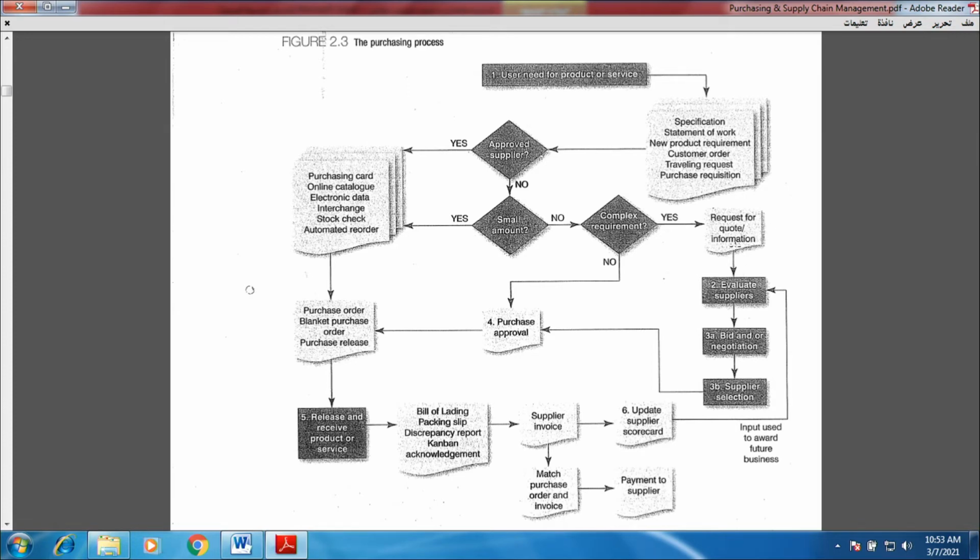Here, when we receive envelopes that have the proposals, technical proposals and financial offers from the suppliers, we have them evaluated by our committees. We evaluate the offers, and usually we have certain evaluation methods and supplier scorecards.